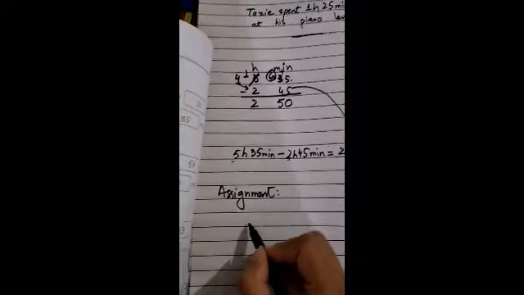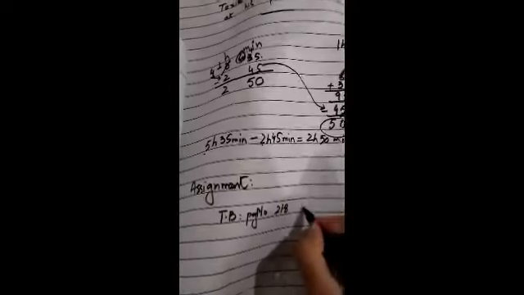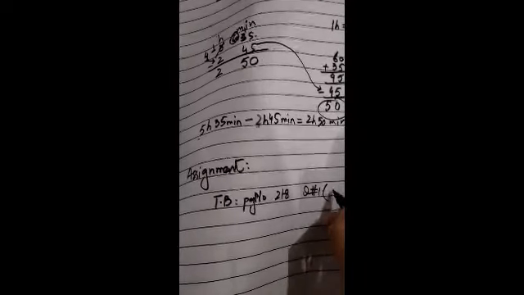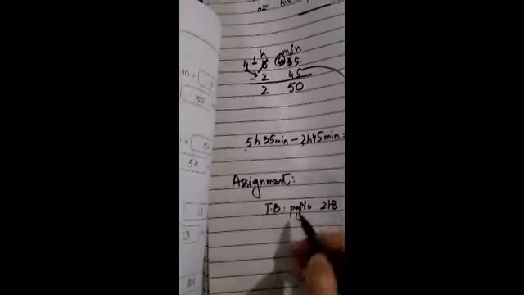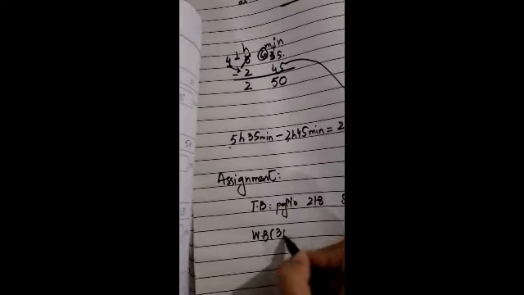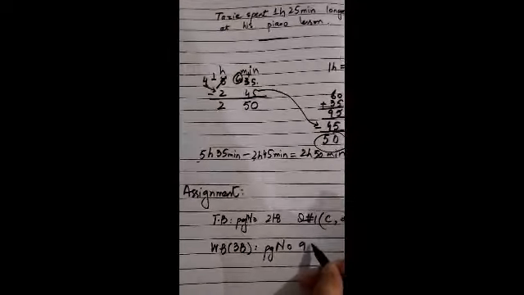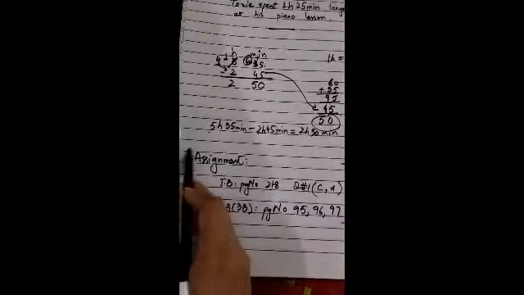The assignment is your textbook page number 218, question number 1, part C and D, and your workbook 3B, page number 95, 96 and 97. It's your assignment of today's lesson.